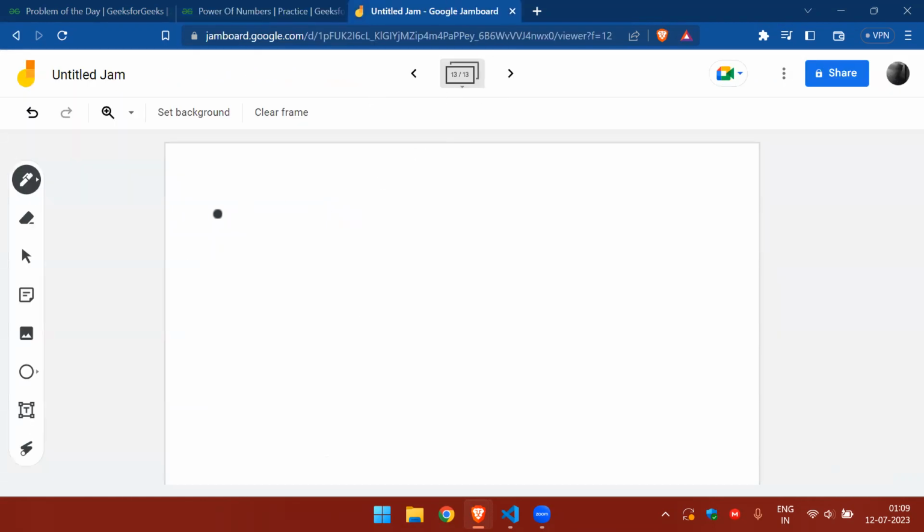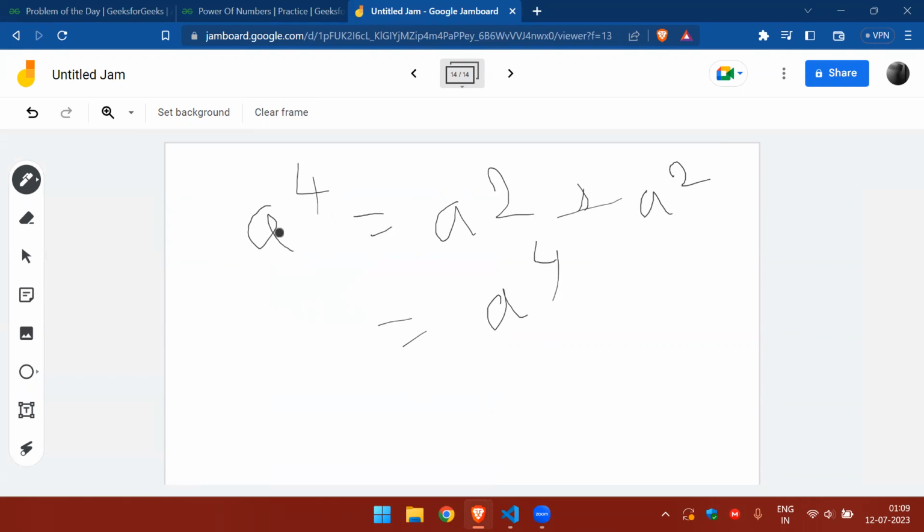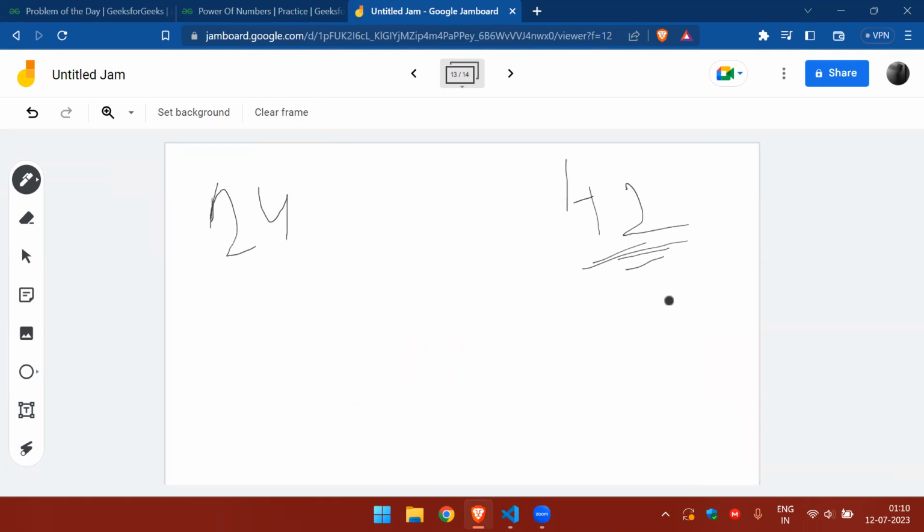If you look closely, for example, if the number was 24, its reverse would have been 42. So what we'll do is first calculate half of the result. If you remember, we learned the property of exponents, like a to the power 4 can be written as a to the power 2 multiplied by a to the power 2. So we didn't actually calculate the power till 42.